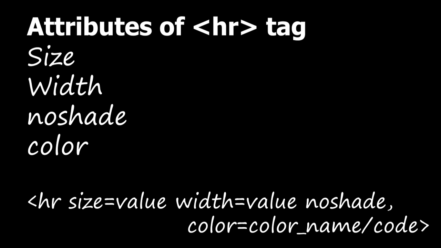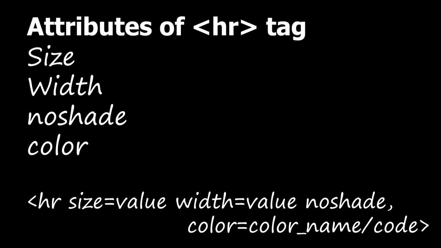For example, if you give HR size equal to 72, the thickness of that horizontal line will be 1 inch, right? The default size of this line will be 3 pixels. If you are not mentioning this attribute in the HR tag, the size of the line will be 3 pixels by default.